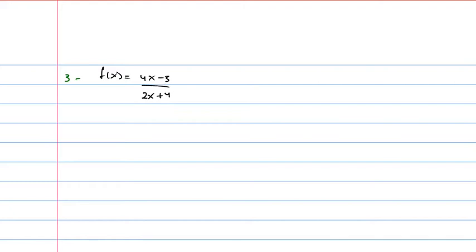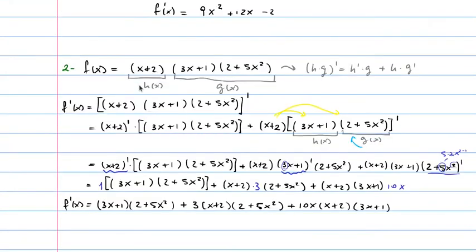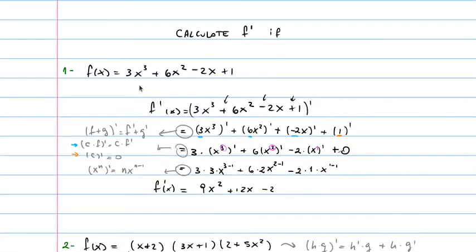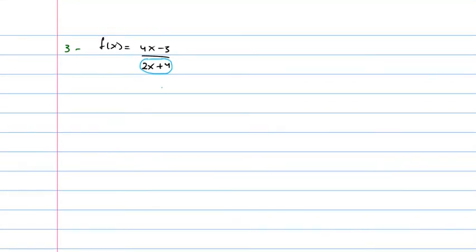So the first thing we ask ourselves when we see a function of this type is, where is our function defined? Well, in the two cases before, we had polynomials, and polynomials are defined everywhere. So in these two cases we had no problems. But we do now, because here we have this number here.